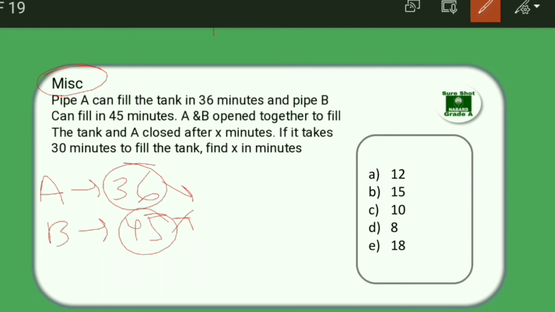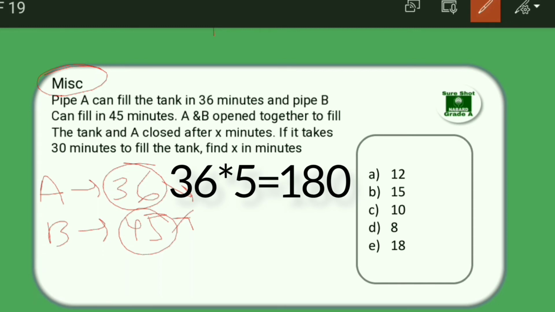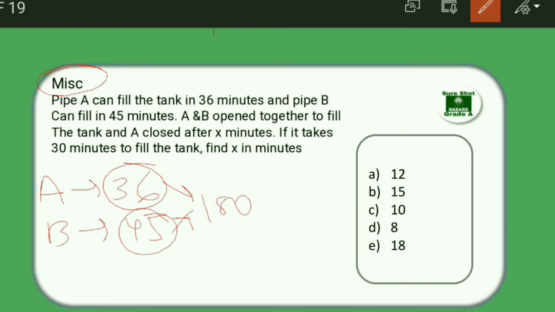The next one is 180, which is 36 into 5. So 180 is the full tank capacity, pipe B can fill 4 parts in 1 minute and pipe A can fill 5 parts in 1 minute.